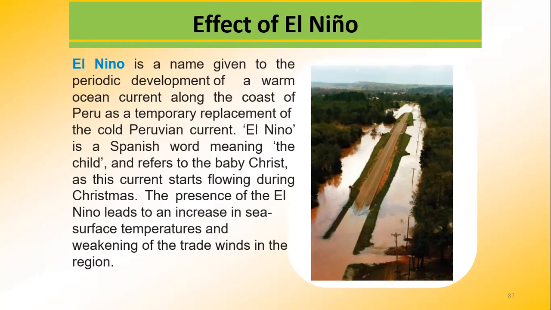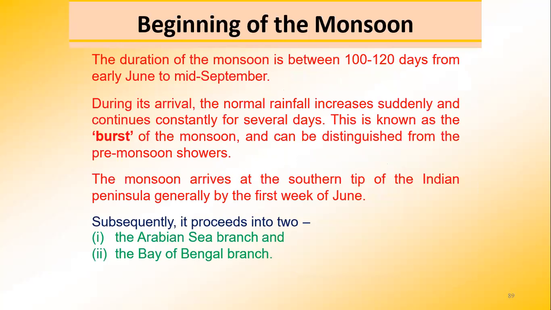The presence of El Nino leads to an increase in sea surface temperatures. Now remember, El Nino is a warm current. So because it is a warm current, the sea surface temperatures increase, and it results in the weakening of the trade winds in the region.